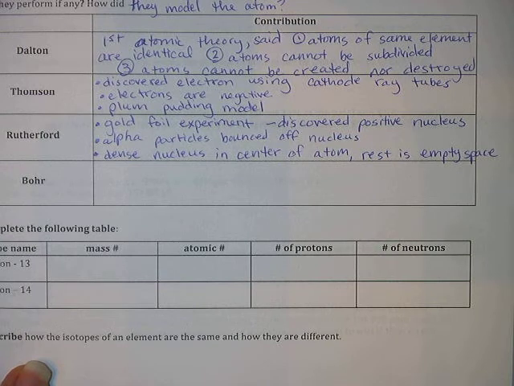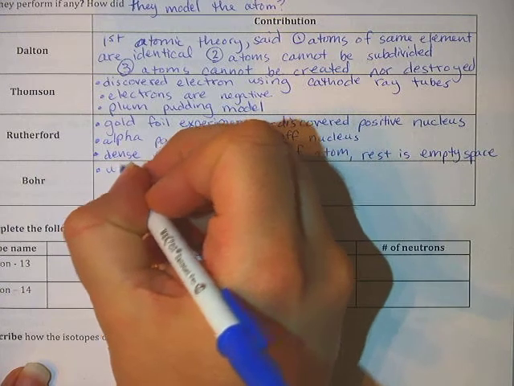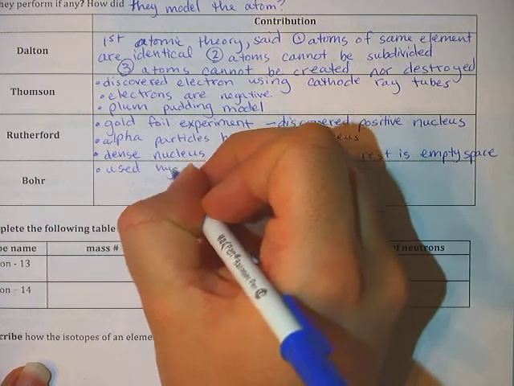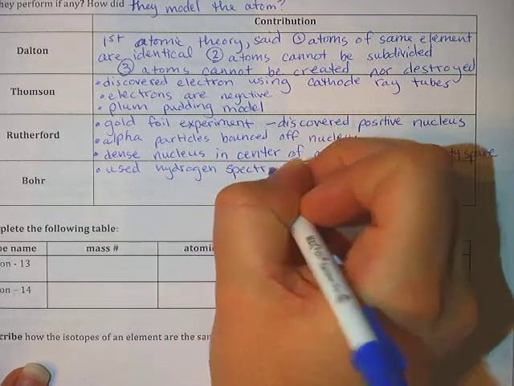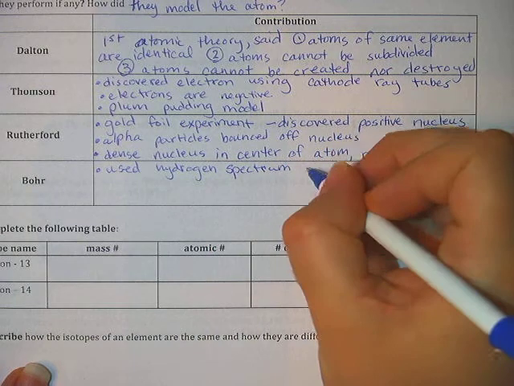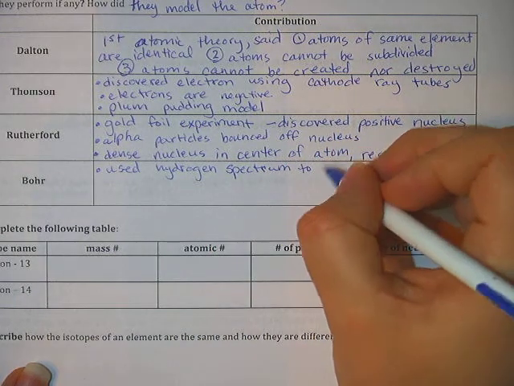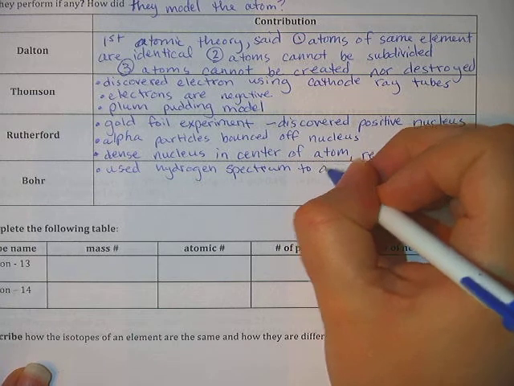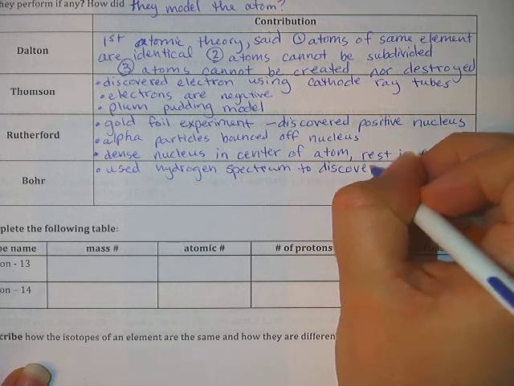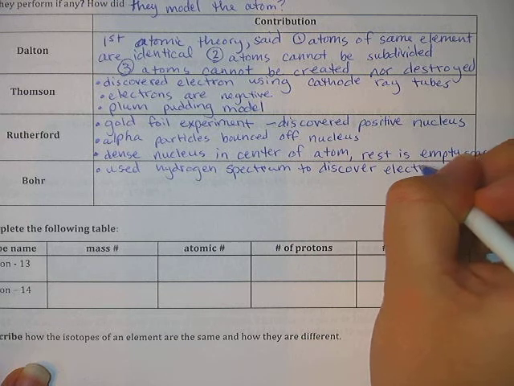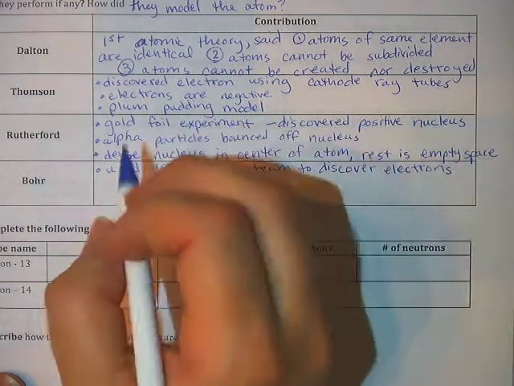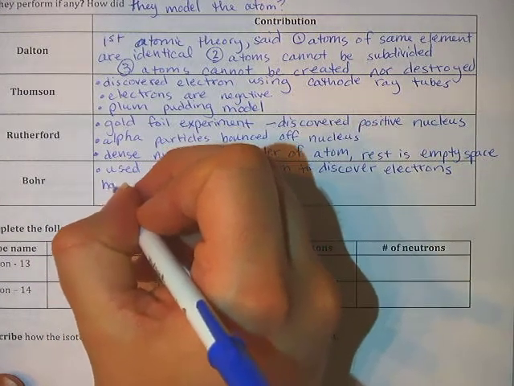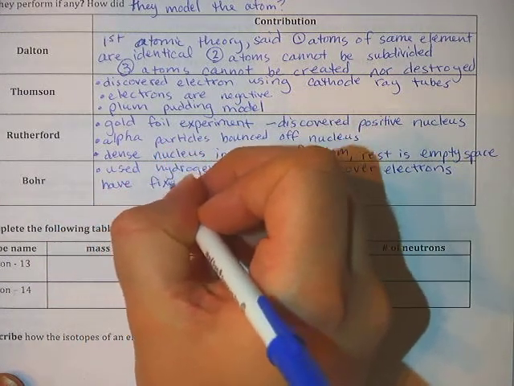And then Bohr used what's called the hydrogen emission spectrum to discover that electrons have fixed orbits around the nucleus.